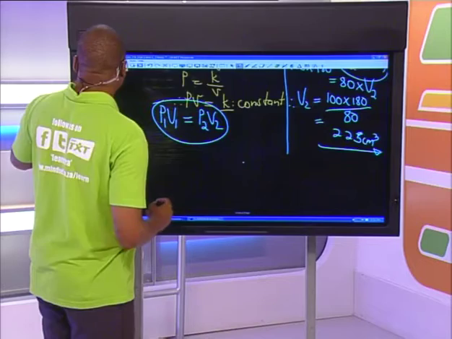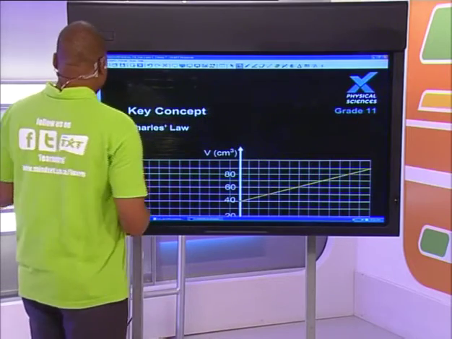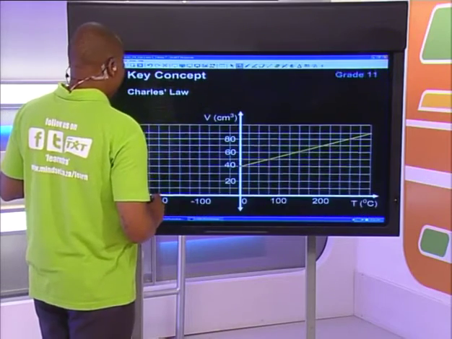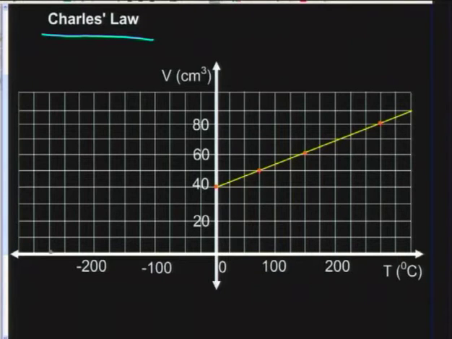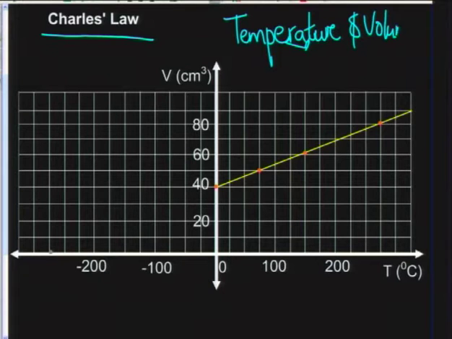Now moving on, let's look at another law here. We call this one Charles' Law, okay? Charles' Law looks at the relationship between temperature and volume, okay?